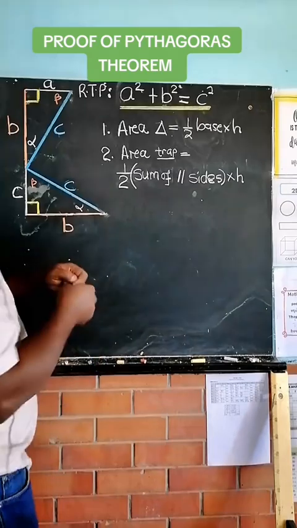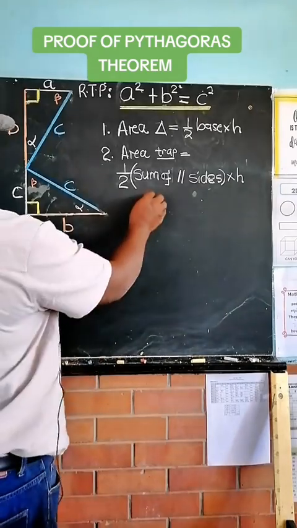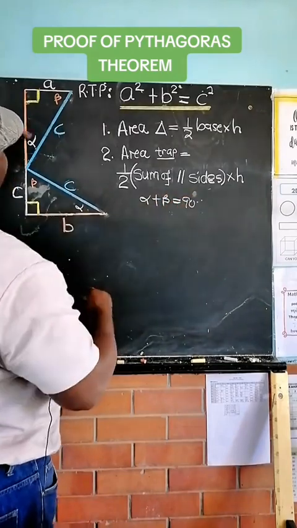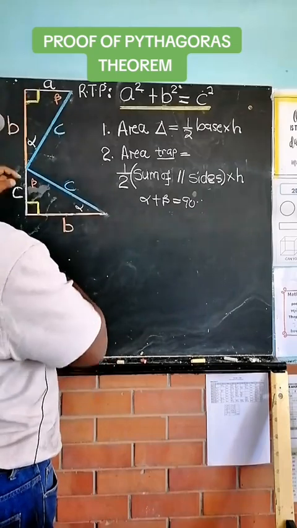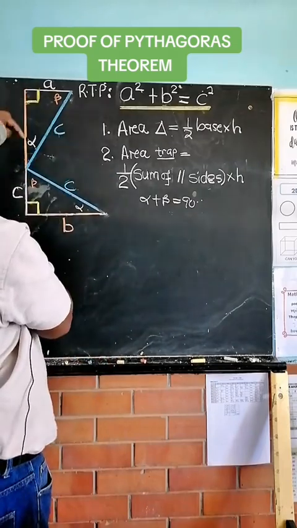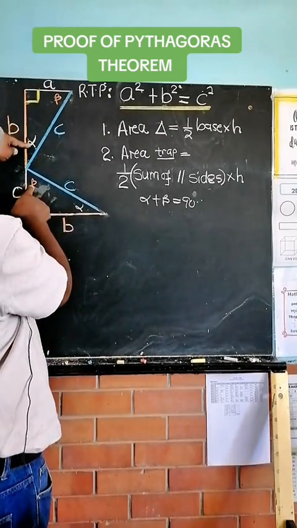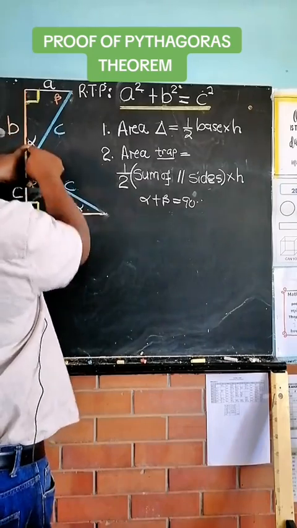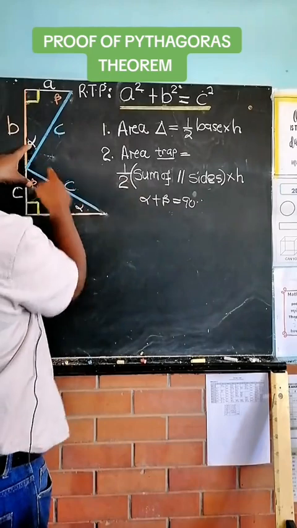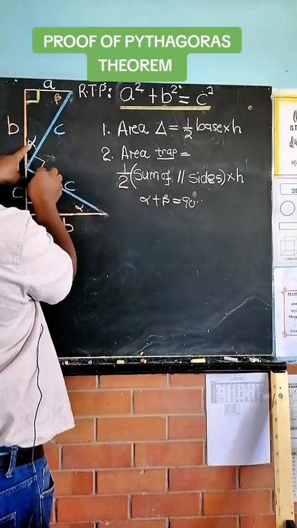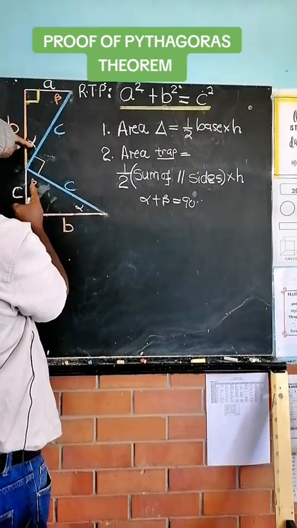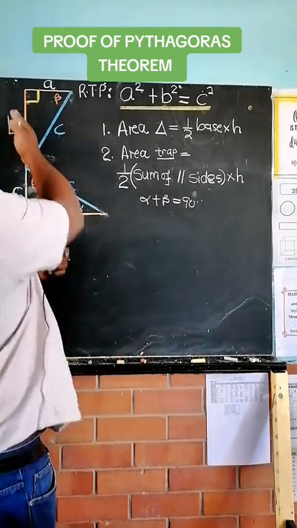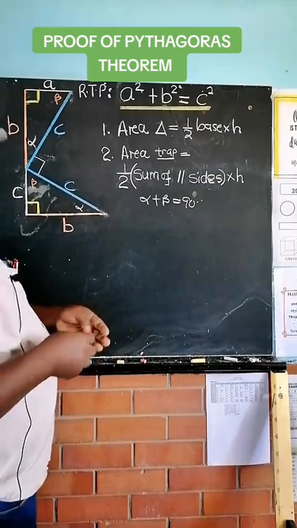If alpha plus beta is equal to 90 degrees, that is, in this triangle, alpha plus beta is 90, that means on this straight line, if this is alpha and this is beta, these two give me 90, which means this one must also be 90, so that the straight angle will be 180 degrees.